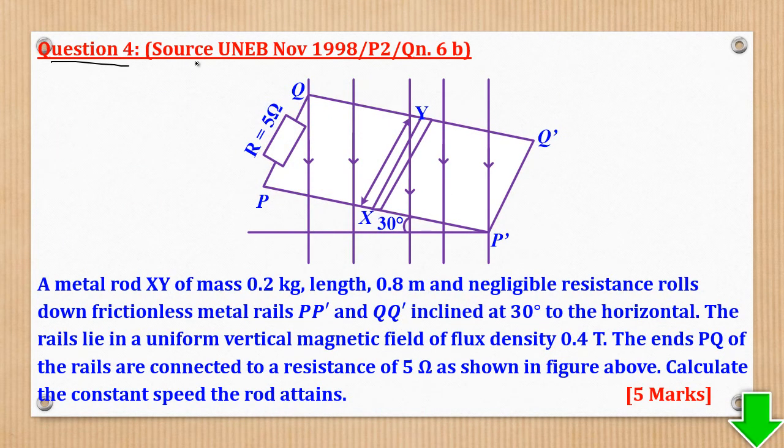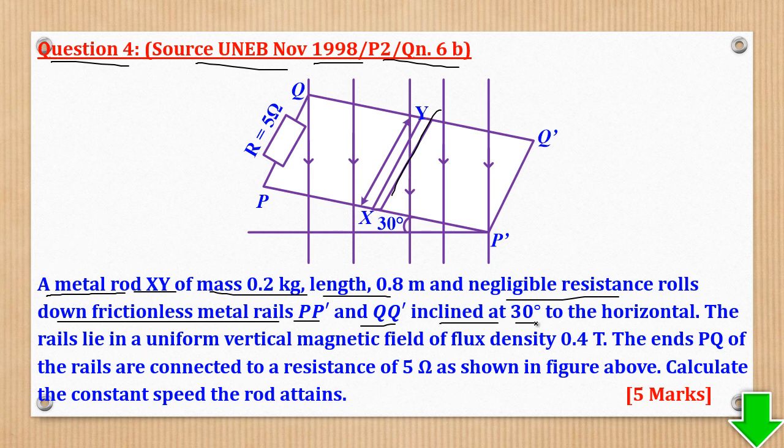Then question 4 came from UACE of November 1998 part 2 question 6b and says a metal rod XY of mass 0.2 kilograms, length 0.8 meters, and negligible resistance rolls down frictionless metal rails PP prime and QQ prime, inclined at 30 degrees to the horizontal.